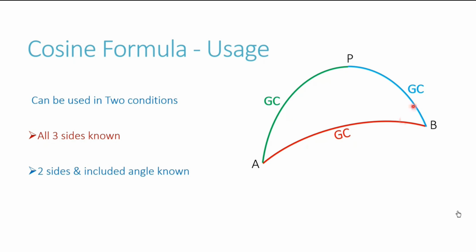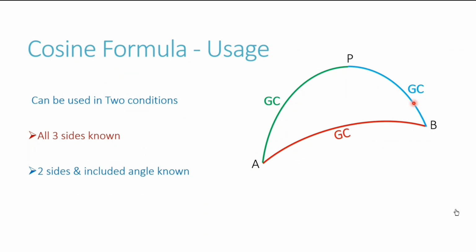Again, if angle B is known, same thing happens. Angle B is not the included angle, and we will not be able to use the cosine formula here. So it is very important that we know the two sides, any two sides of the triangle, and the included angle for the cosine formula application.